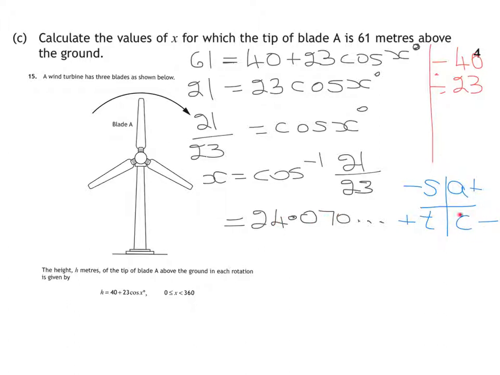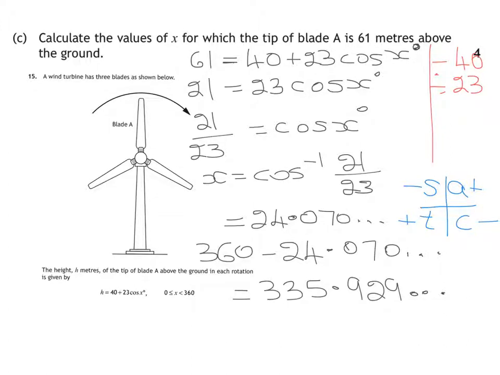So in order to find this angle here, we take our angle in the first quadrant and we take it away from 360. Okay, so 360 take away 24.0 blah blah gets us 335.929. So round the two angles to something sensible, 1 or 2 decimal places.